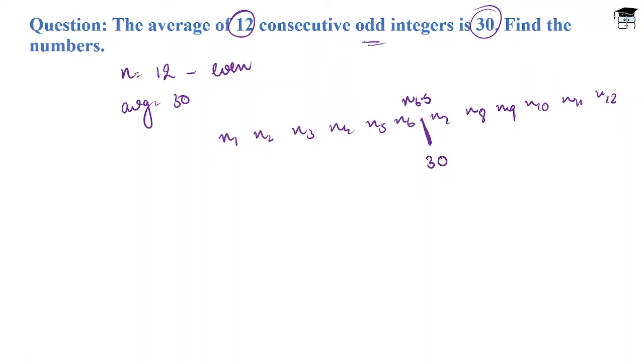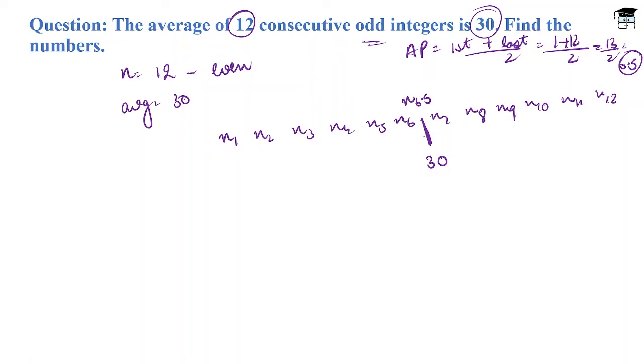Now when these numbers are in AP, to calculate the average, what we do is we add first number and last number, first plus last divided by 2. That is 1 plus 12 divided by 2. That is 13 by 2, which is equivalent to 6.5. So 6.5th term here. The average is 30 for it.